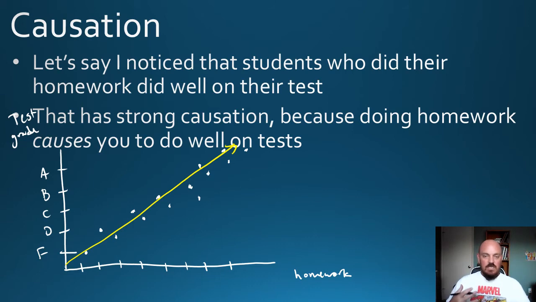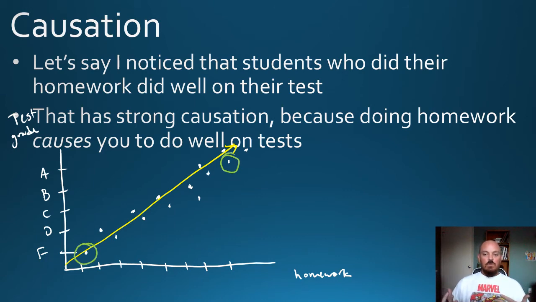One of them caused the other. Doing all your homework causes you to do well on tests. So it's not a surprise that over here, maybe that person that did one homework assignment out of 8 got an F on the test. It's also not a surprise that this person up here, who did all 8 homework assignments, got an A on the test.